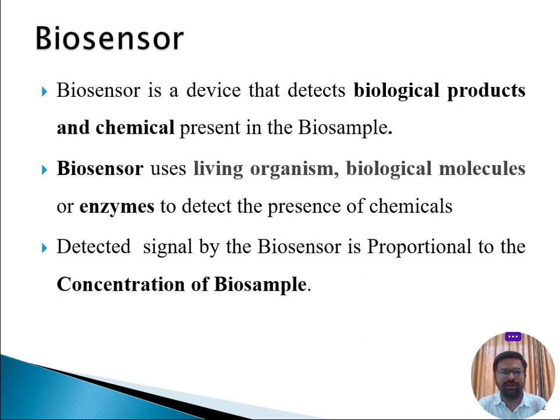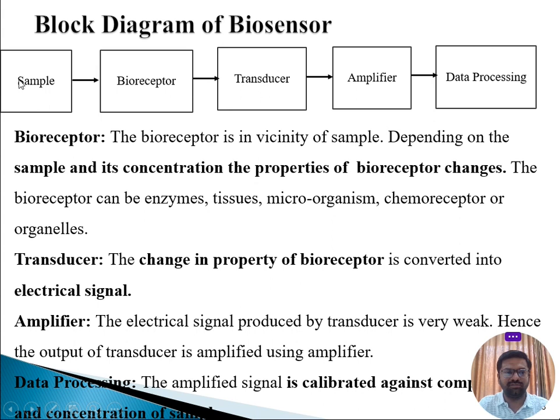Now we will try to understand the block diagram of a biosensor. The block diagram consists of a sample, which is a biosample, and a bioreceptor, which consists of enzymes, microorganisms, biological molecules and different entities. Then the transducer converts a change in the bioreceptor properties into an electrical signal.